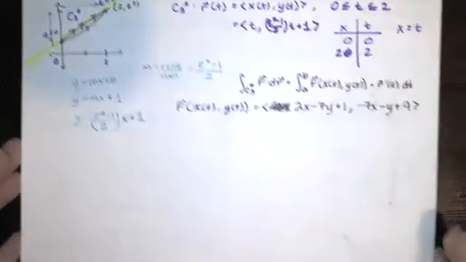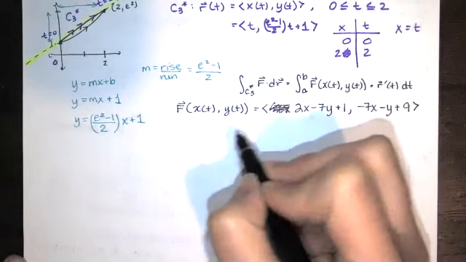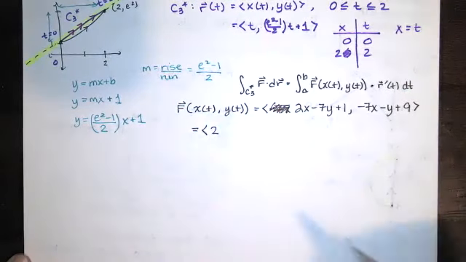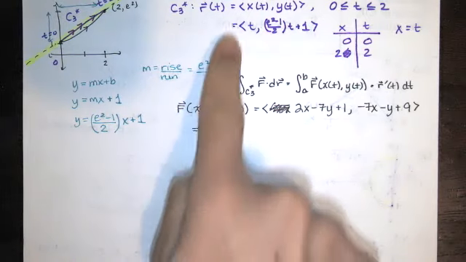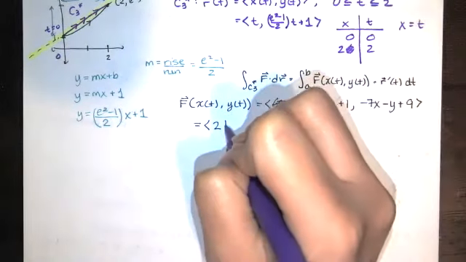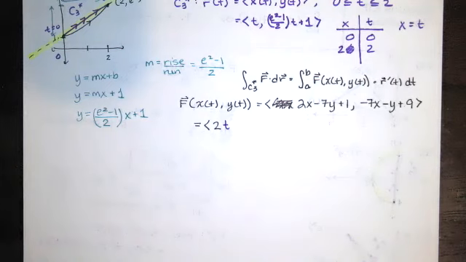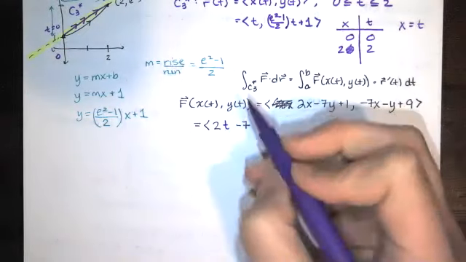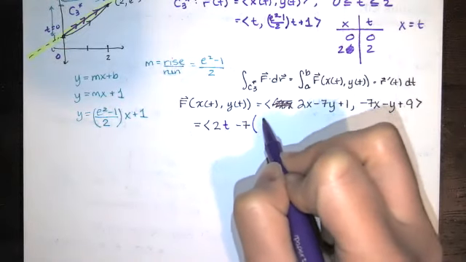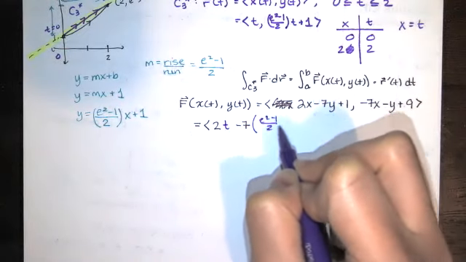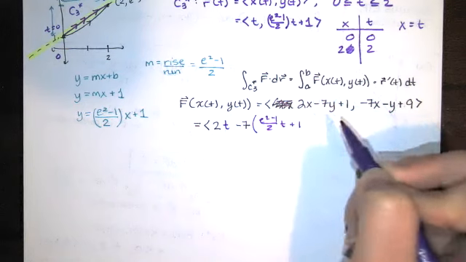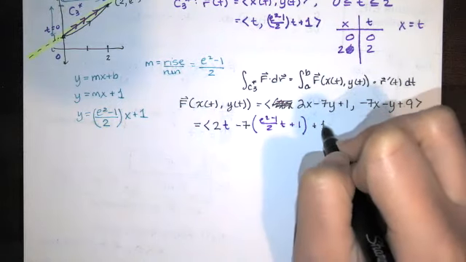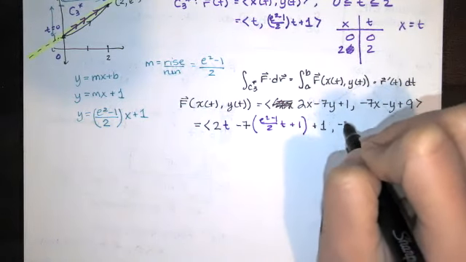That's f in terms of x and y, but we want them in terms of x of t and y of t. So we just replace x with t, because that's what x is. And we replace y with that expression, which is a lot more involved. It's a line, but because of that e squared, it looks a little funny. That's our x component.